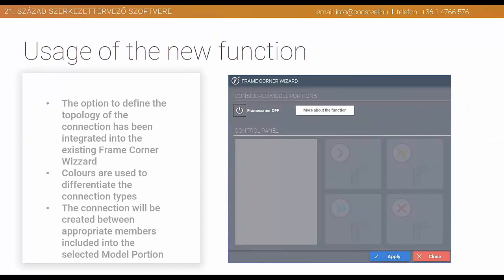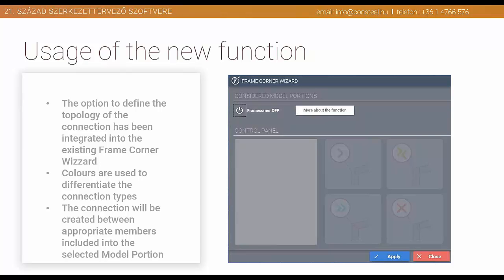As I said, I will show in the application part of this presentation how the same frame can be modeled with bar elements. But before that, I quickly explain how this definition can be made in the bar element model. We extend the functionality of the existing corner wizard. As I said at the beginning of this presentation, the corner wizard was used to place this sort of generic, undefined, topology-based connection.